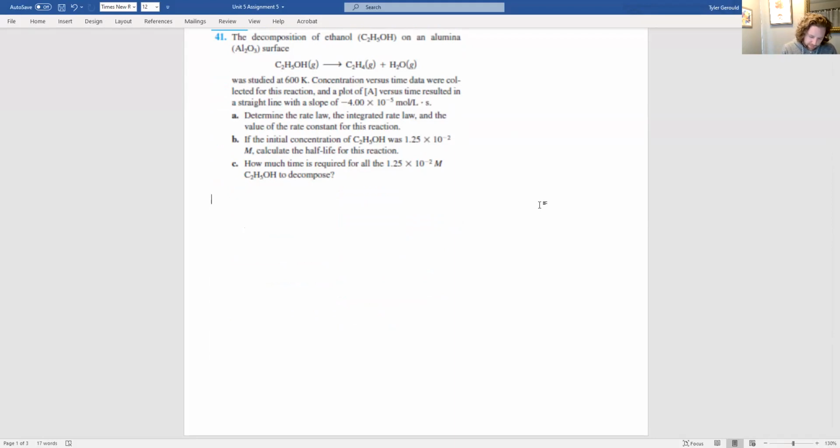So by mentioning a temperature, that's just a formality saying the temperature is 600 Kelvin, and that's going to stay 600 Kelvin. So our k value is going to stay constant. We do see a slope of -4 times 10 to the -5th. So the slope is -k for this particular plot.